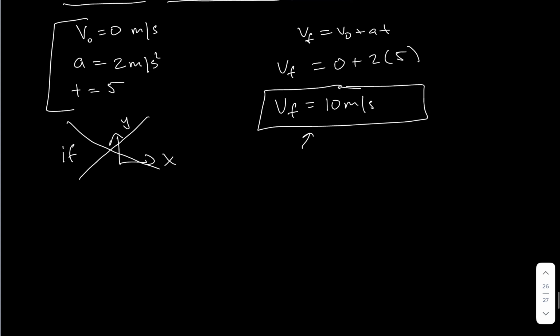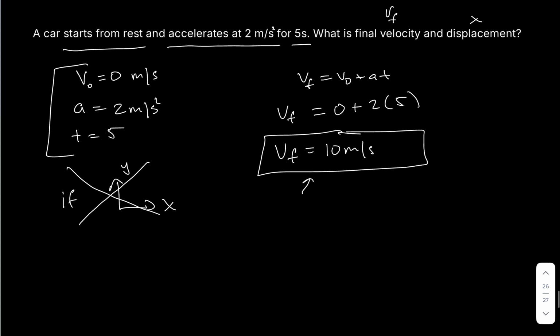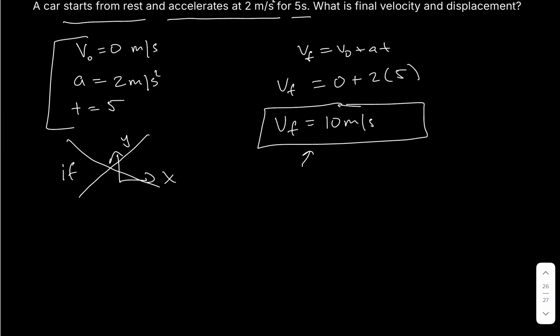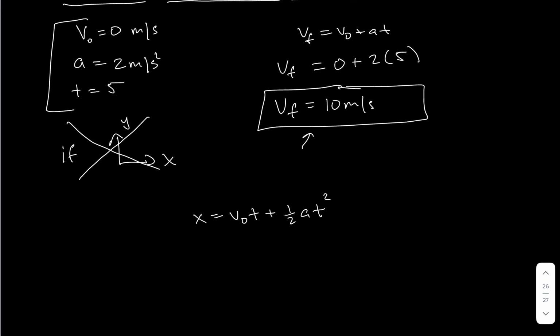All right, let's move on to finding the displacement. Again, go to your formula sheet, see what we are given and what we are trying to find. So I'm going to use the formula x is equal to v naught times t plus 1 half a t squared, because I was able to figure out all of those variables to find x.